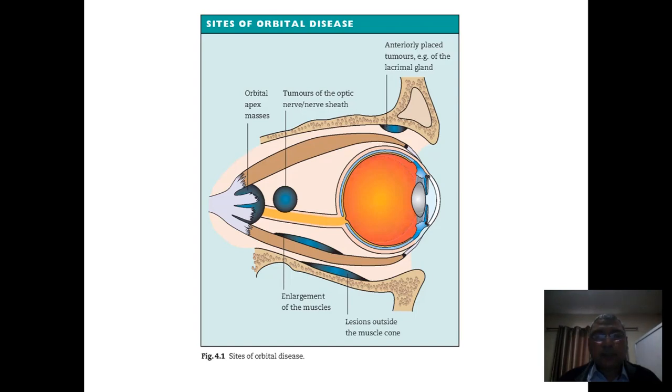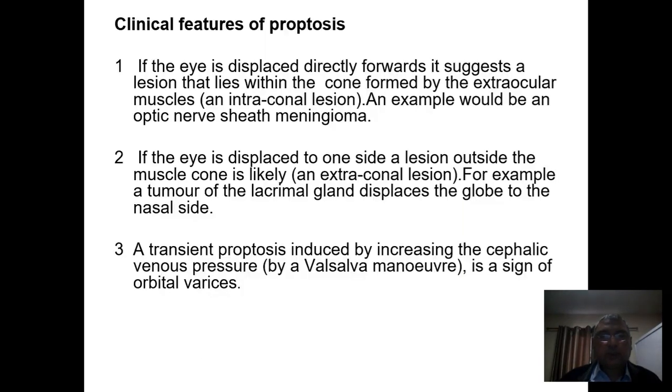Proptosis can be due to swelling or a space occupying lesion inside the muscle cone, and this will give axial proptosis, or outside the muscle cone, and this will push the globe in the opposite direction.